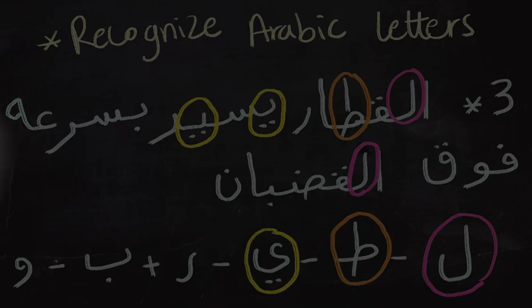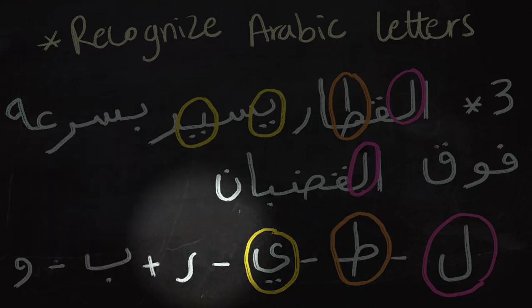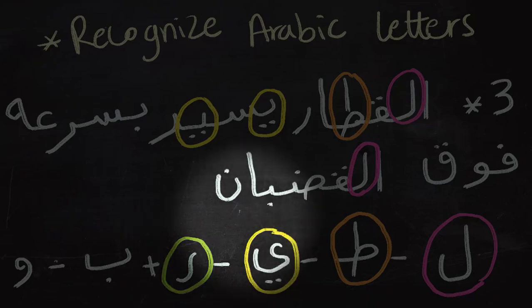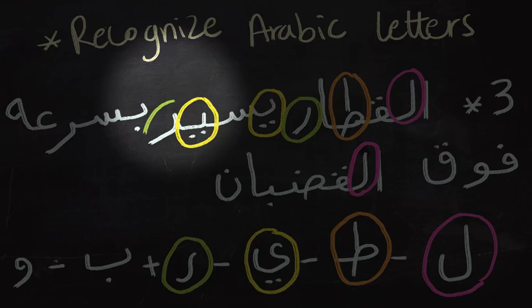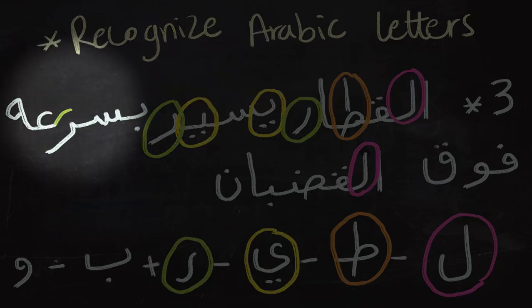Using the green color, we're gonna try to find the ra letter, and it came 3 times. First time came in the word al-qitar at the end here, as you can see, and at the end of the word yasir, and in the middle here in the word bisur'a.